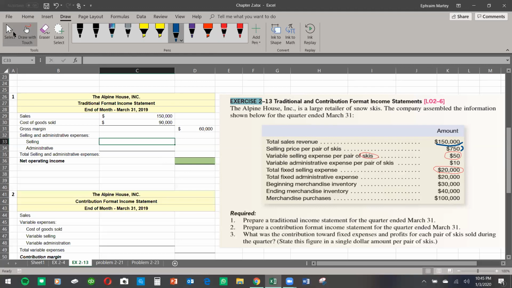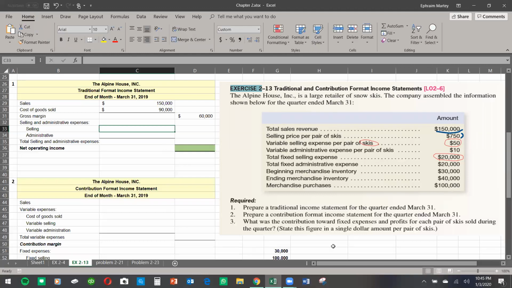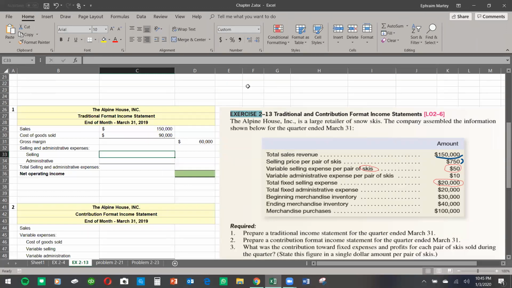So for the number of units sold, we will take $150,000 and divide that by $750.